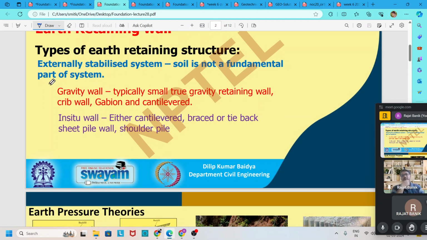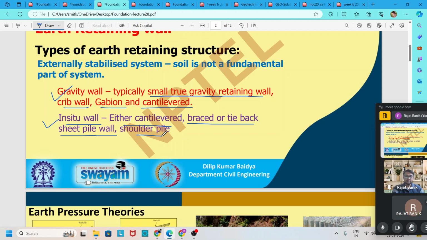In the externally stabilized system, there is the gravity wall, a typical small gravity retaining wall. Then there is the crib wall, gabion, and cantilever wall. And there is another type called in situ wall, either cantilever, braced, or tied back, such as sheet pile wall.